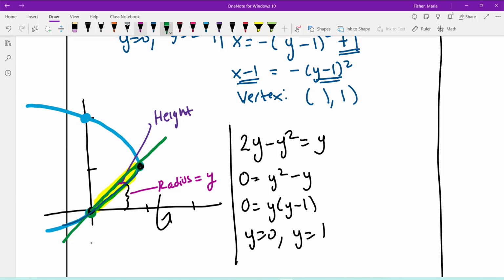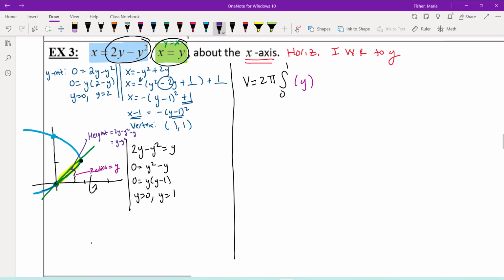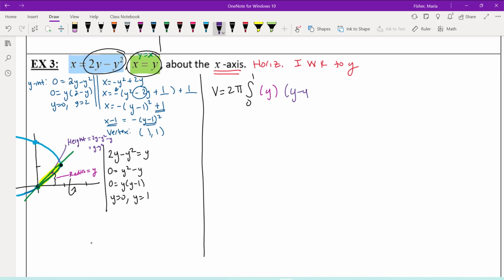Well, the blue curve, remember, was equal to 2y minus y squared, and the green curve, remember, is just y, so it's got to be whatever 2y minus y squared, the parabola, minus the line y is. If I combine like terms there, that's just going to be y minus y squared. So my height is going to be y minus y squared. Coming over here, y minus y squared, and then dy.